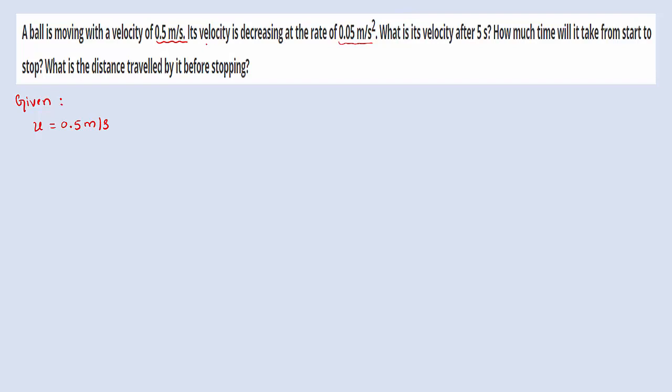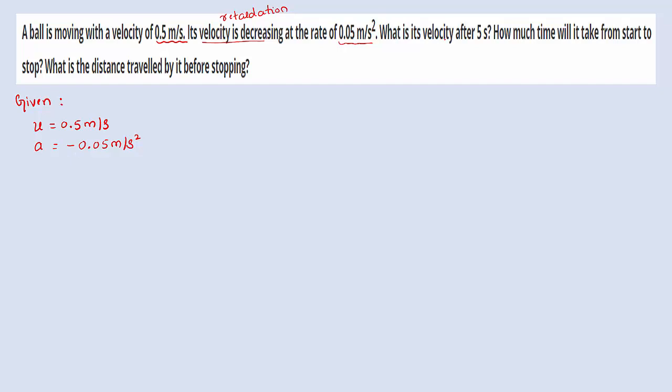Observe this sentence here: velocity is decreasing. Velocity is decreasing means this is not acceleration but it is retardation or deceleration. So a equal to minus 0.05 meter per second square, because it is retardation, which is opposite to acceleration. So we have to write the minus sign.